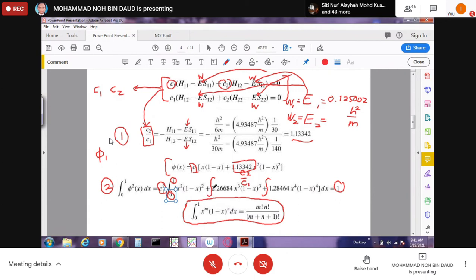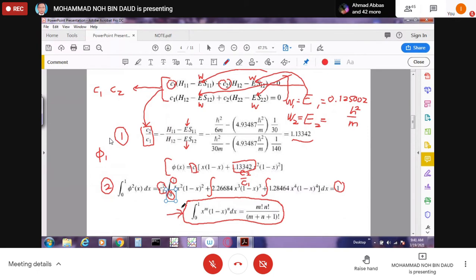Or you can integrate using substitution methods to solve these integrals, or just expand this cubic polynomial and solve it.